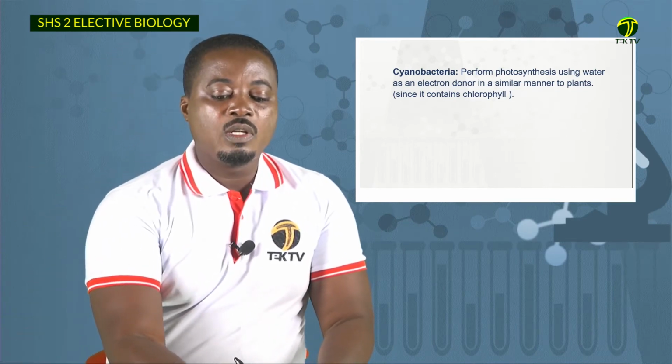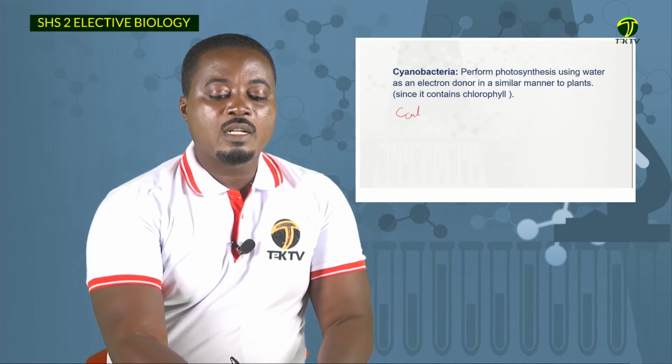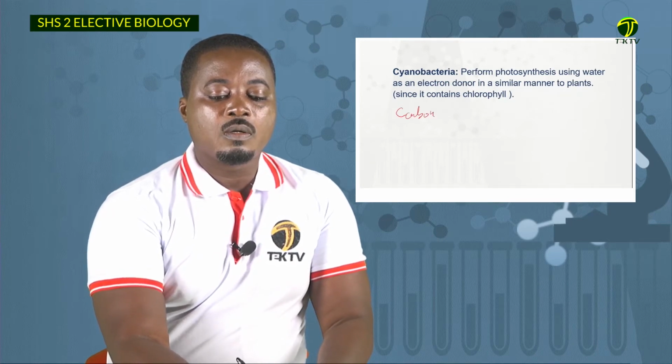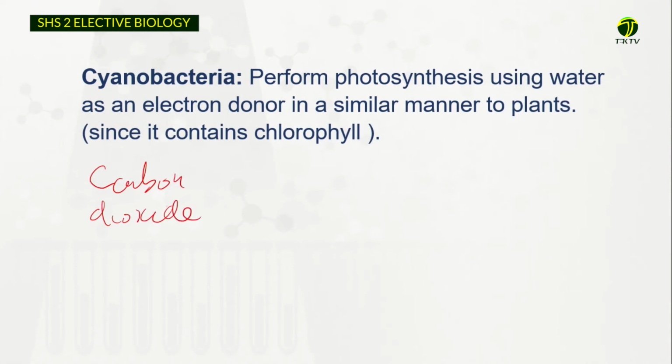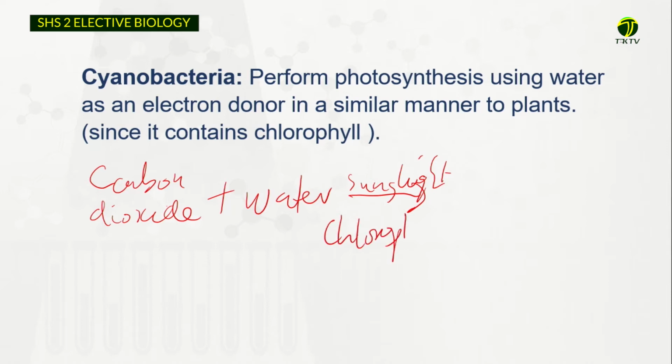So you can have carbon dioxide plus water, when you have sunlight and the presence of chlorophyll, your product will be glucose. That is why we say you are producing your own food. Then you produce oxygen as your byproduct.